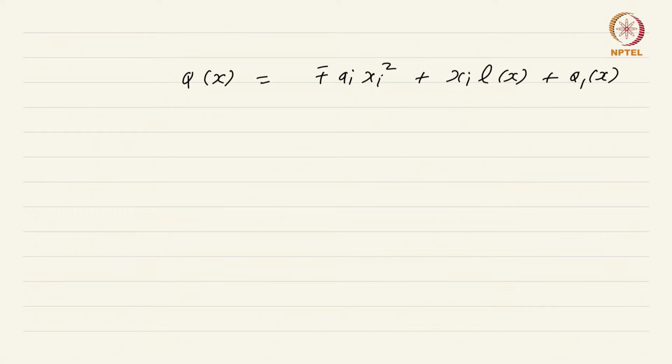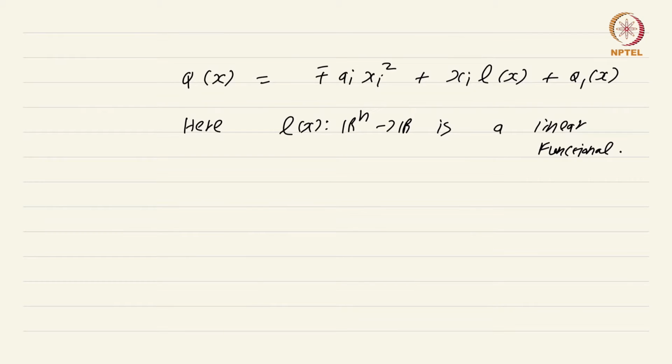So here L of x from Rn to R is a linear functional which could possibly be identically 0. Keep that in mind, though it's not such an important point actually. And q1 of x is those terms that do not involve xi.